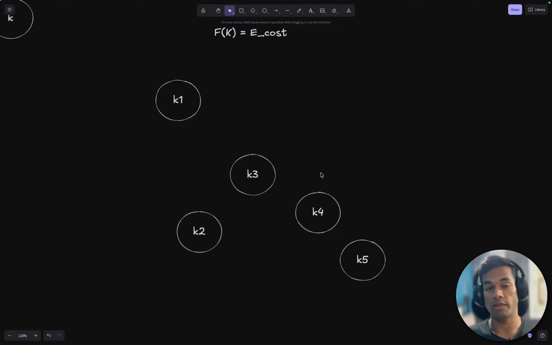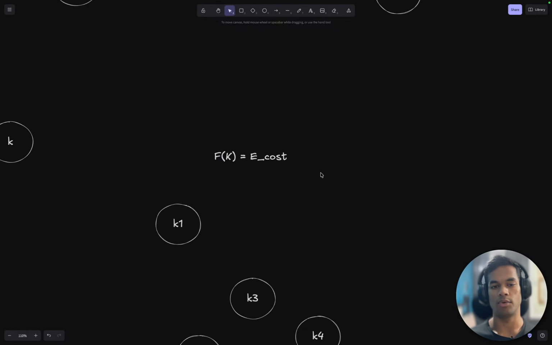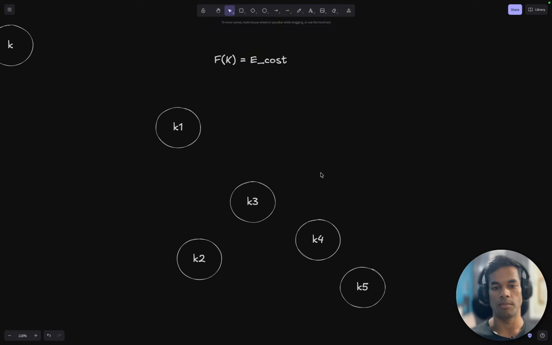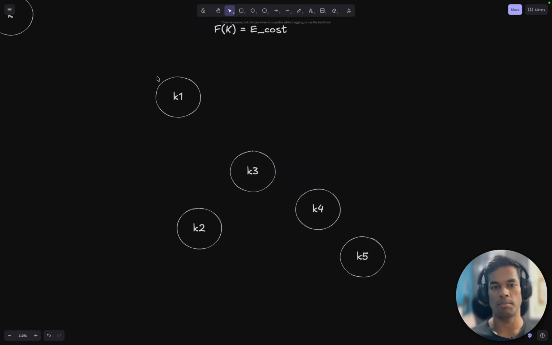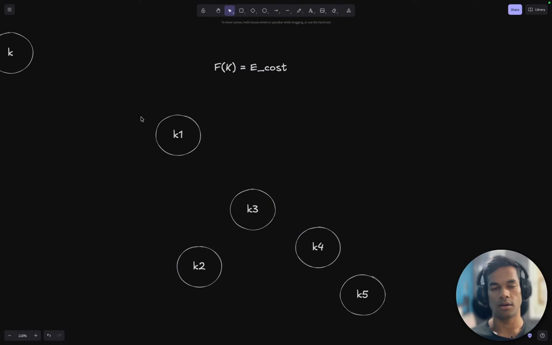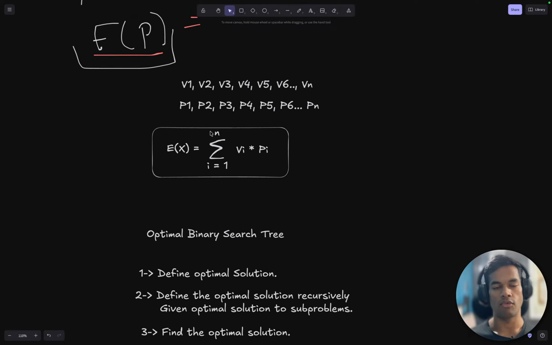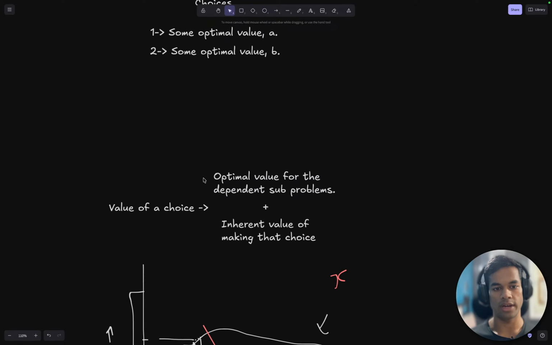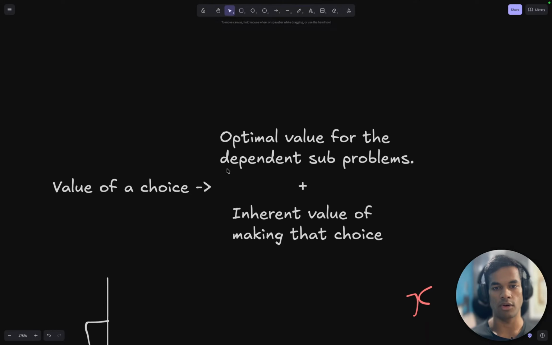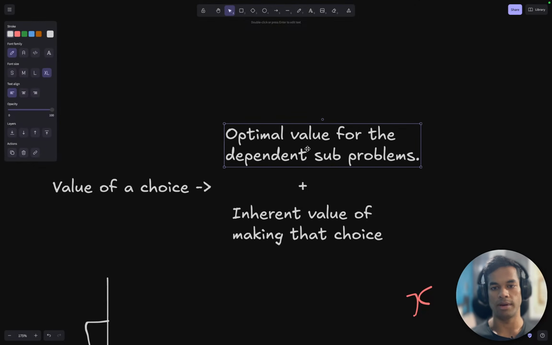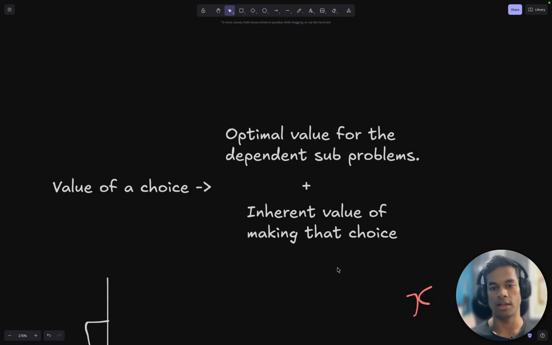But also the probability function is not adding up to 1 anymore because we are not adding p1 when we chose this. And like we saw before, finding the value of a choice depends on the optimal value for the dependent subproblems plus the inherent value of making that choice.